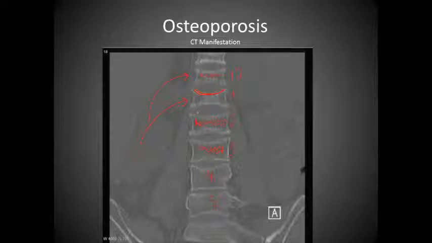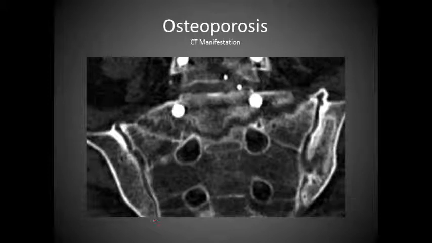And notice this kind of bowing effect. It's typically a sign of advanced age. Then we do have all of this stuff on L5, L4, and so this is just a classical representation of osteoporosis.